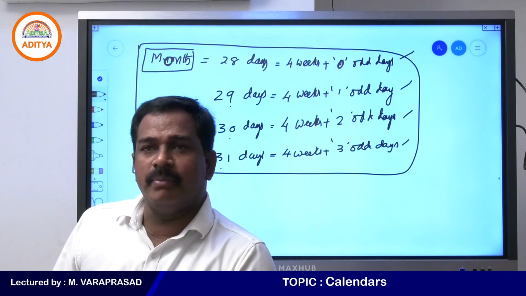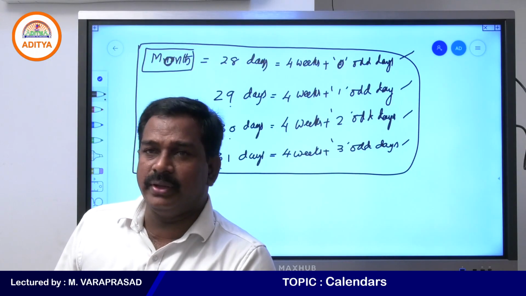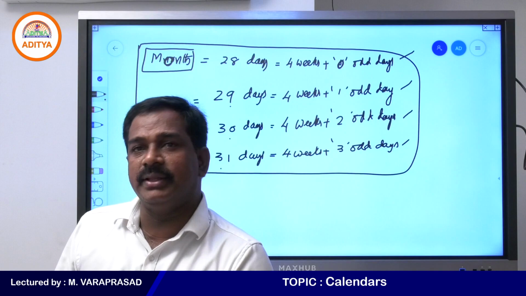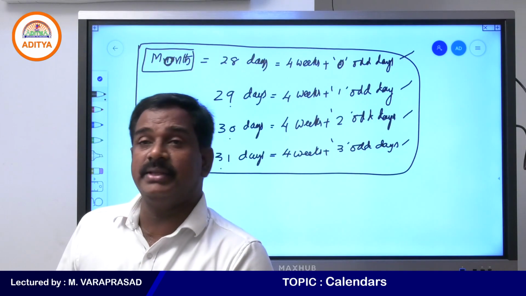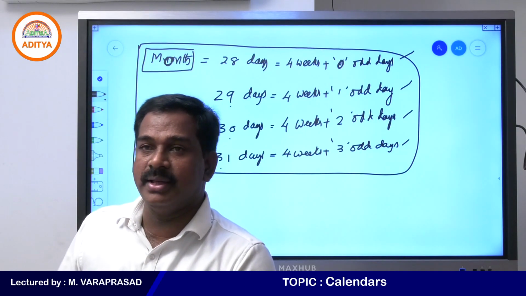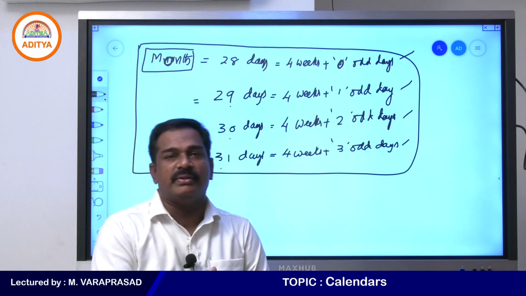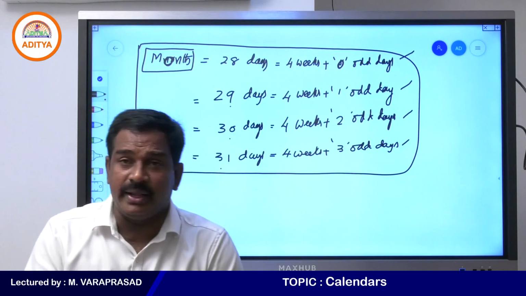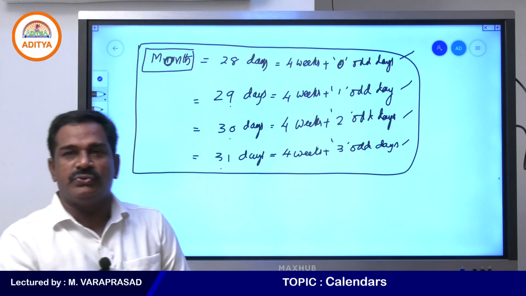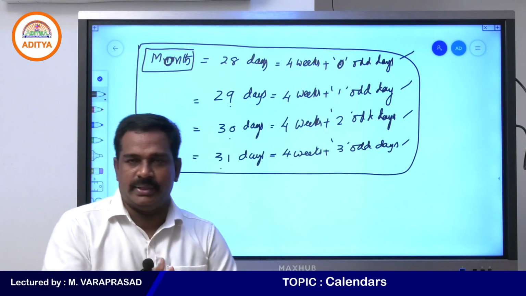This is about months. A month can have 28 days, 29 days, 30 days or 31 days. January will have 31 days. February has 28 days or 29 days, so two different Februaries will be there.